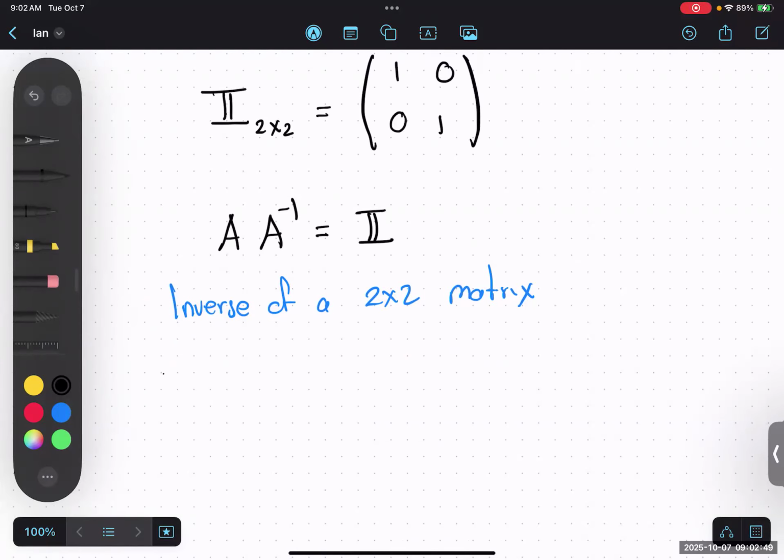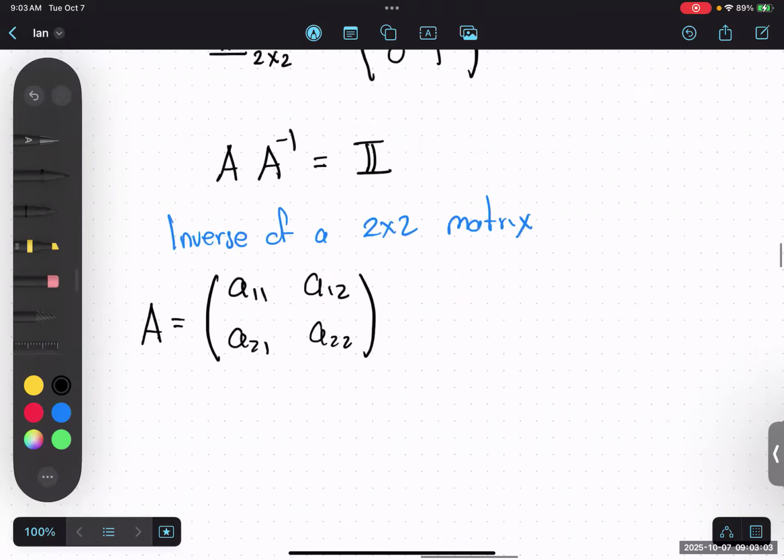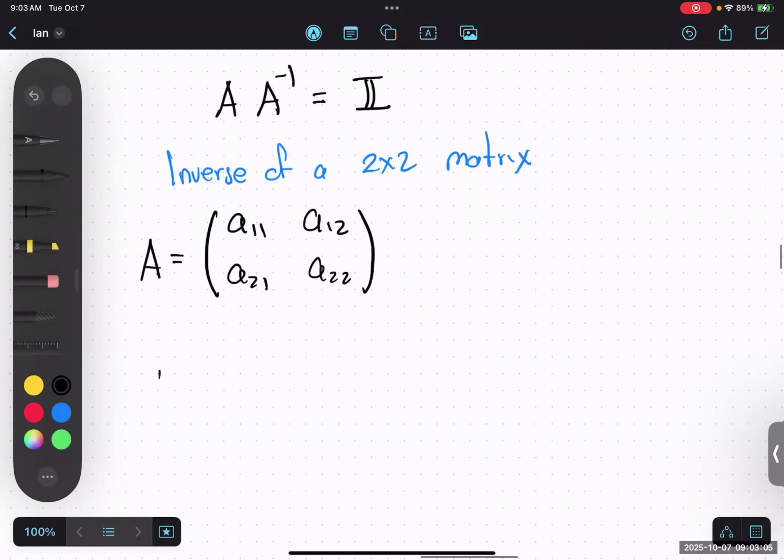Suppose that you are still working with the original A matrix that I described before, with elements A11, A12, A21, and A22. This is the matrix from which you would like to compute the inverse. So the formula is the following. You will multiply a matrix by the inverse of the determinant of that matrix.